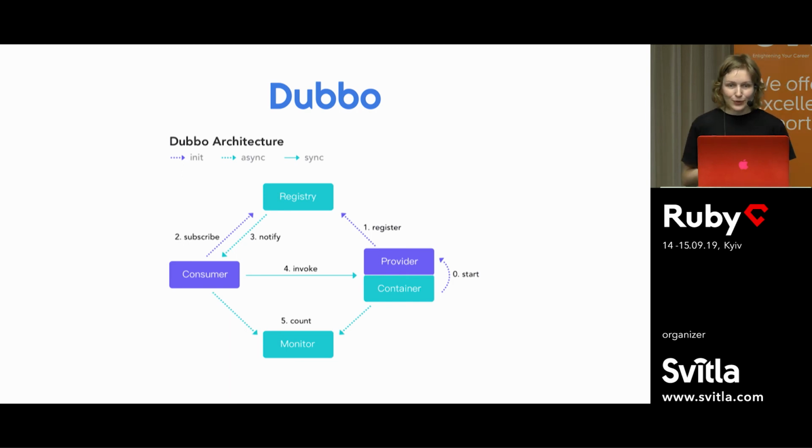This involves a really complicated concept, and as I don't have a lot of time, I can't dig into the details. But the main idea is that there are a lot of abstractions behind this, and Dubbo comes with its own UI with some registries, monitors, and logging containers, where you can watch, in real time, the RPC messages that you send between your services.